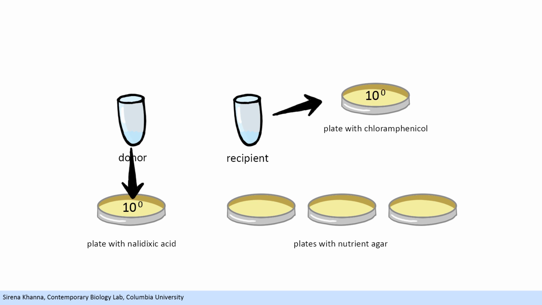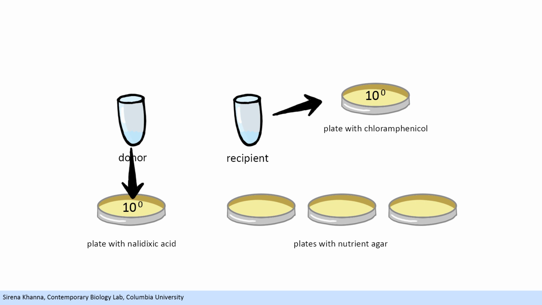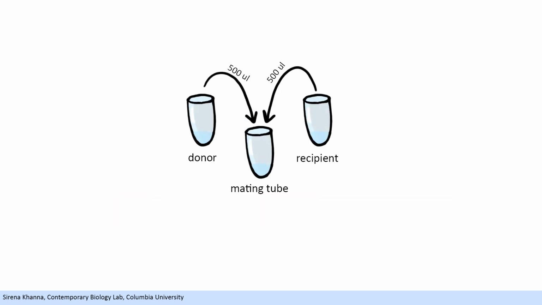We have to check for spontaneous reversions in both the donor and recipient cells because they would skew our calculations for percent conjugation. Measuring the amount of spontaneous reversions, if any, allows us to adjust our percent conjugation calculation. We also grow recipient cells on nutrient agar, which is a hospitable environment for growth. The colonies that grow on these plates allow us to calculate the total number of recipient cells that were actually in the mating tube.